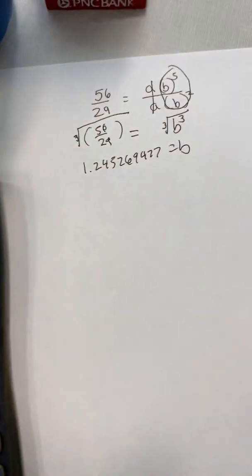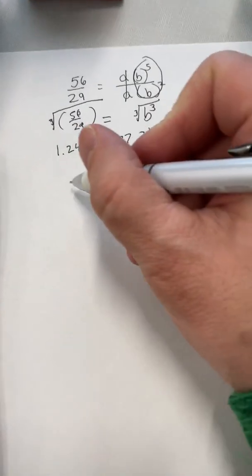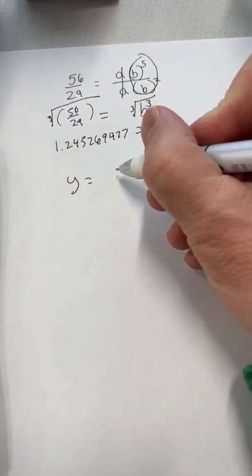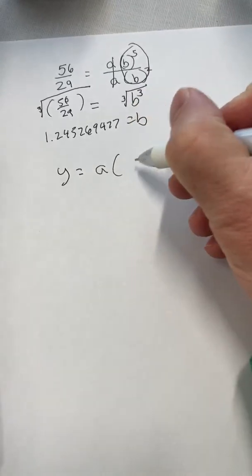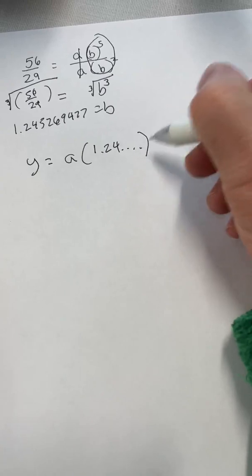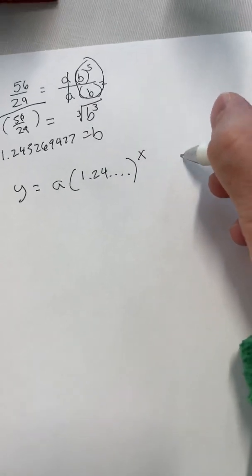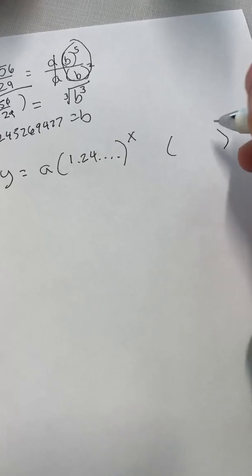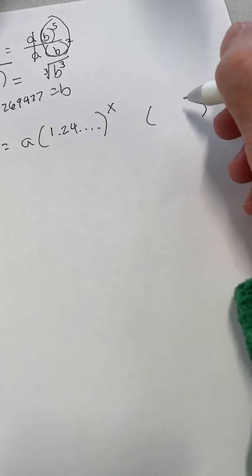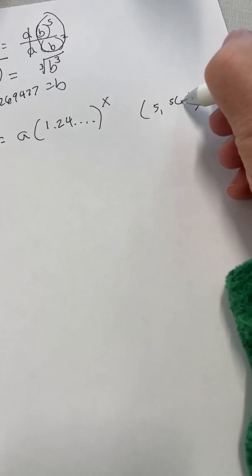All right, so now what do I do after I get this special b? Well, then my function is y, and for this problem, I'm going to finish this out, a times this 1.24 thing, but now that I have it stored, I don't have to write all those decimals, and then that equals x. One of the points that I used from the previous problem was the point 5, 56.